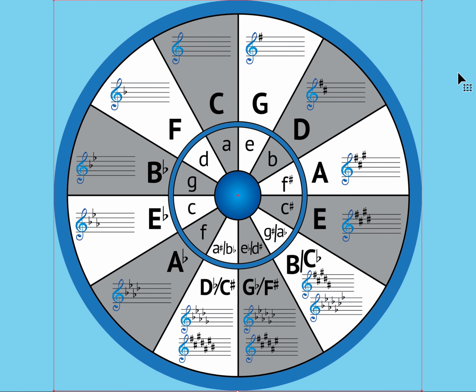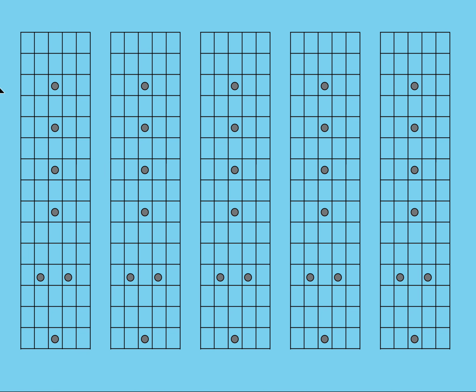Okay, so we're now going to eliminate this and bring in our neck diagrams. And here we have BEADGCF, bead G with flats, G flat back to B, or C flat is a fourth, and that's how it just goes on continuing.